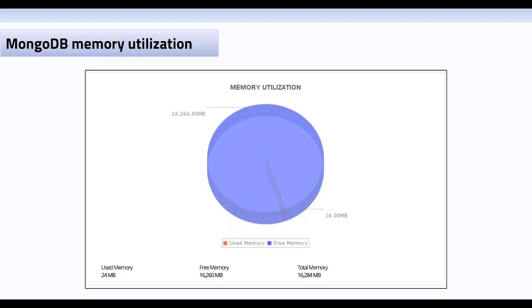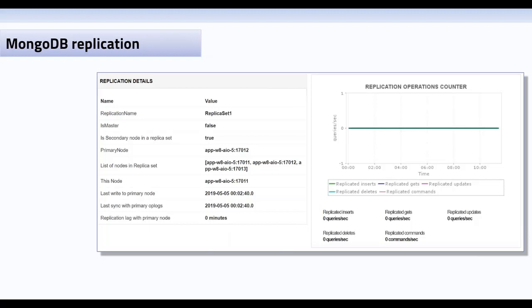Replication is another metric that is very important when we're talking about diagnosing issues. All databases, the NoSQL databases including MongoDB, use replication, wherein data is replicated across various nodes. This is done for maintaining consistency and faster accessibility of data.